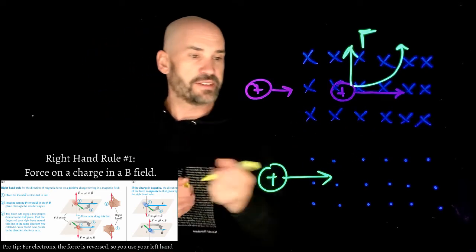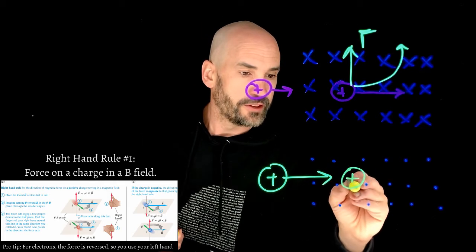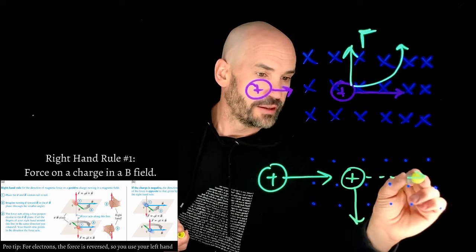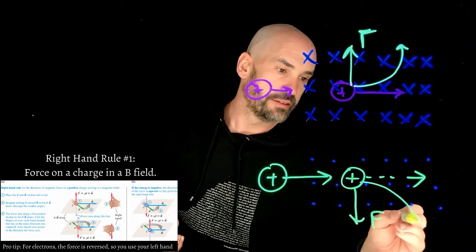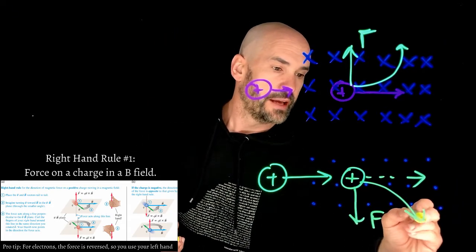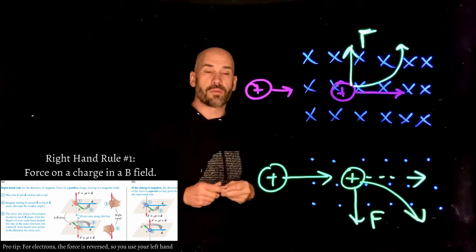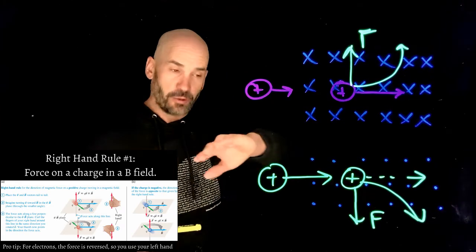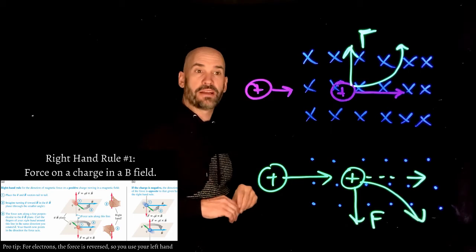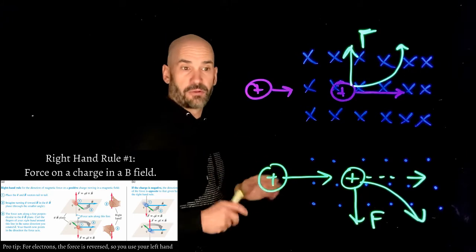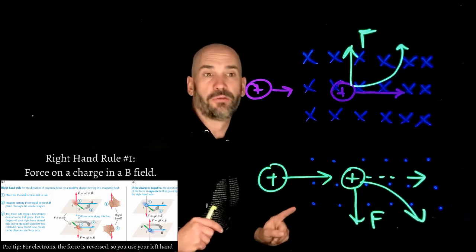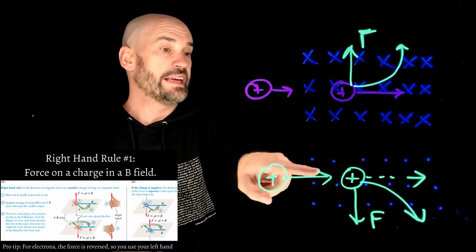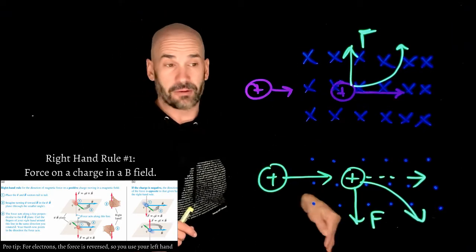That means that if this particle was moving this way, it would feel a force in this direction, down. So it would kind of swoop down like this. And we are going to talk more about what that path will look like once it continues that motion. But for right now, just know if you follow the right-hand rule, a proton moving in this magnetic field will feel force up, and a proton moving in this magnetic field will feel force down.